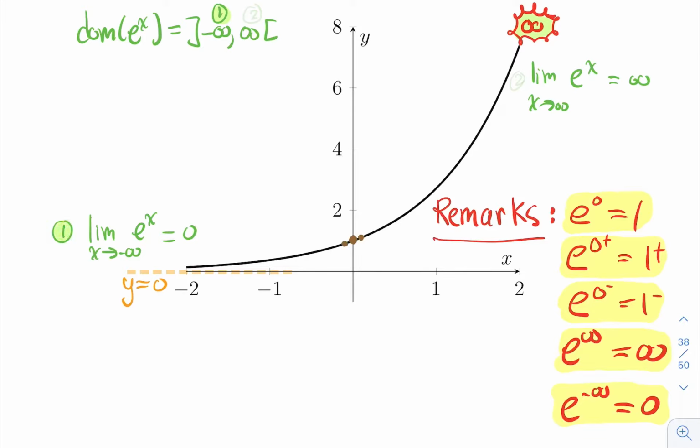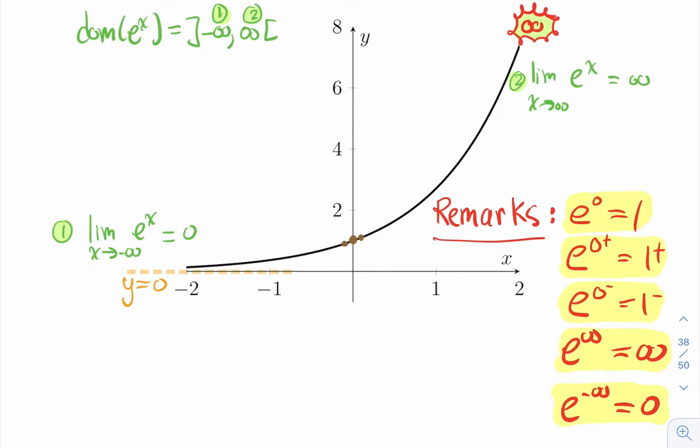So remember the very important connection between open endpoints of the domain and important limits to compute. Here I'm just using the graph of the function to identify these limits. So that's all that we need to remember for the exponential function.